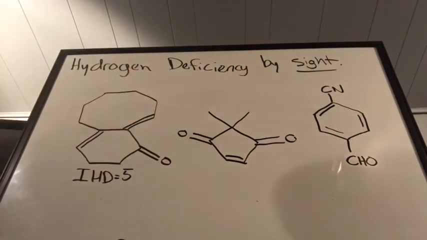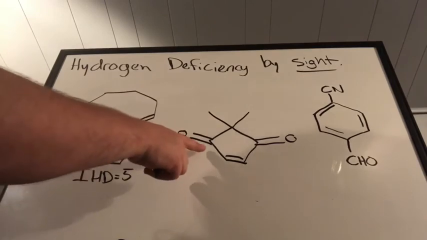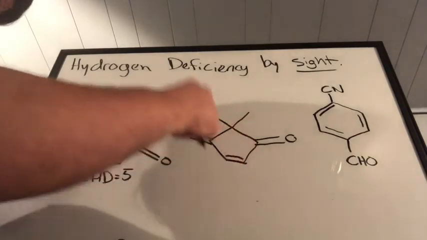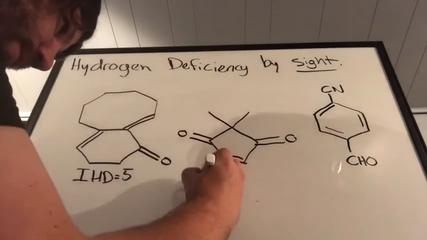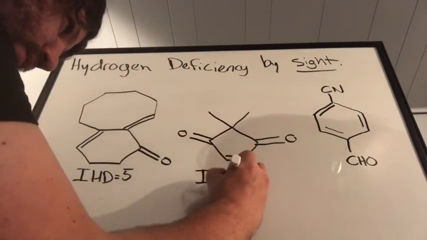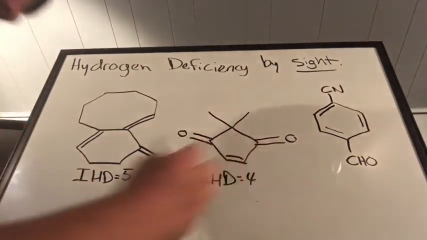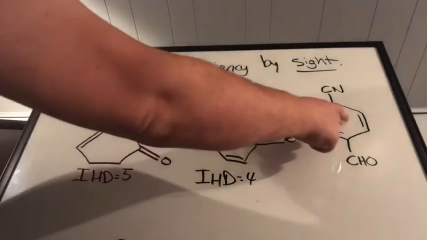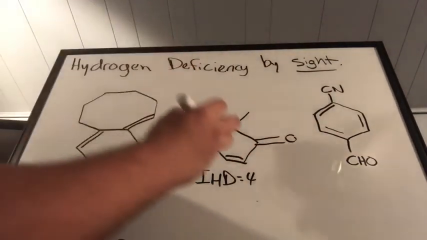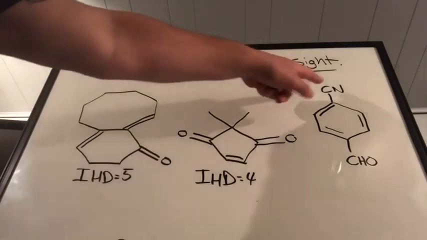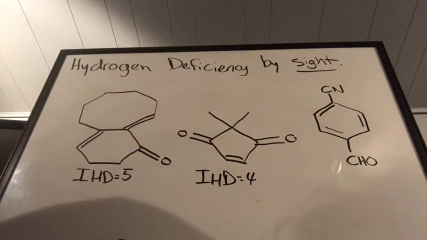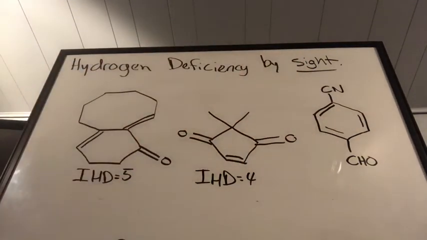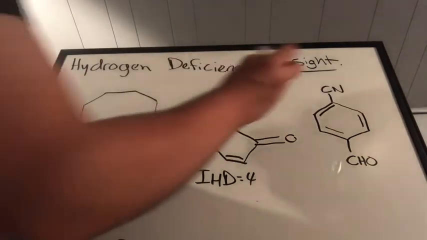Okay, next one up, we have 1, 2, 3 double bonds, then another cycle to make it 4. Okay, and then the last one here. Okay, so we have 4 right off the bat with the phenyl ring. So it's 4 from the phenyl ring. A cyano group is going to be CN triple bond. So, even if I have things shorthanded here, you're still going to have to kind of visualize what this may be.